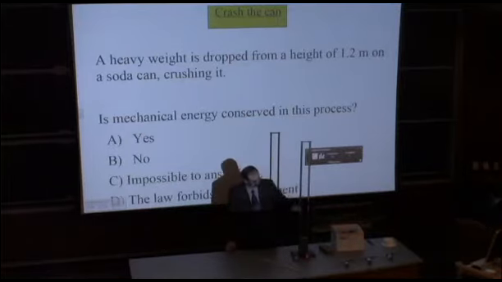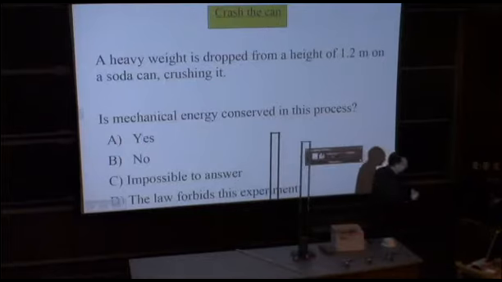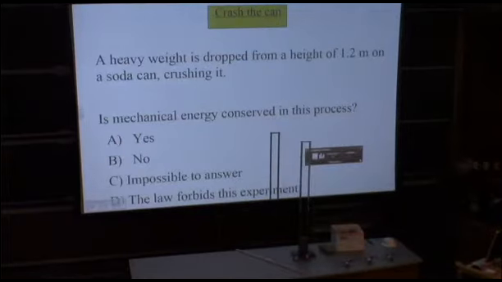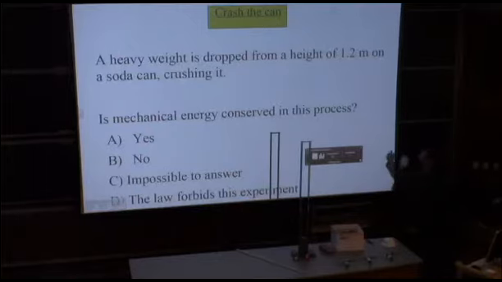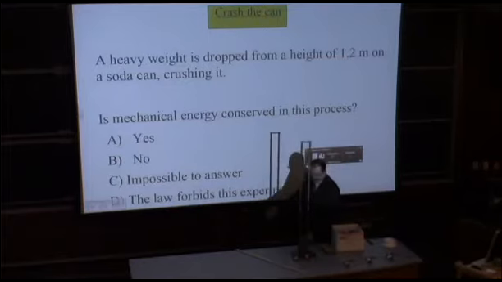You can drop it from different heights, and you can actually measure and relate how it works. But my question is this: in this experiment, is mechanical energy conserved? Mechanical energy, is it conserved? And these are the possible answers.